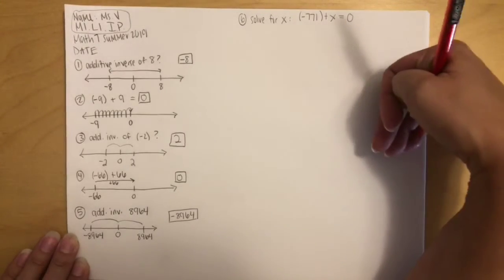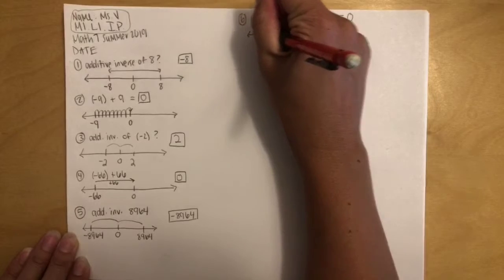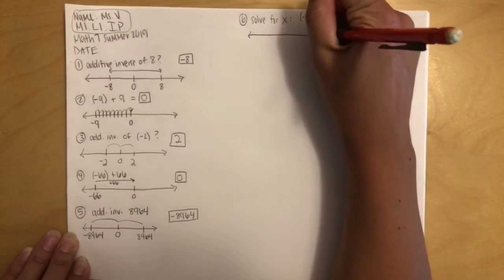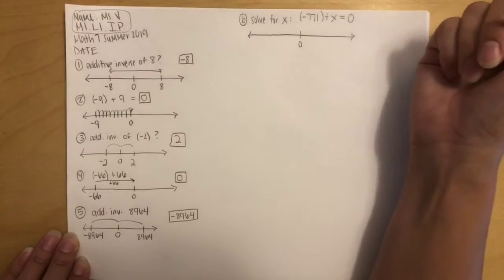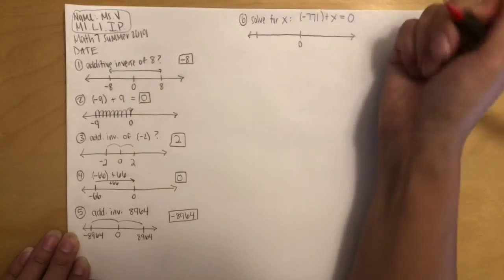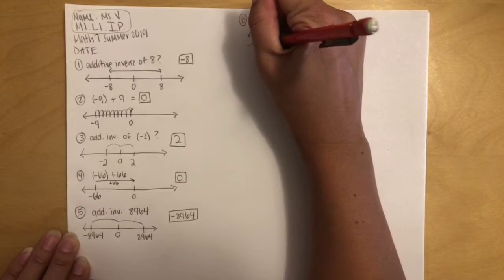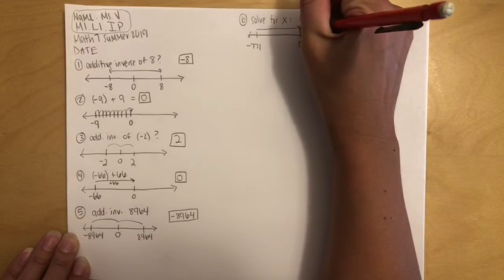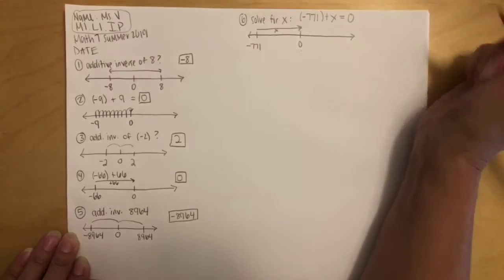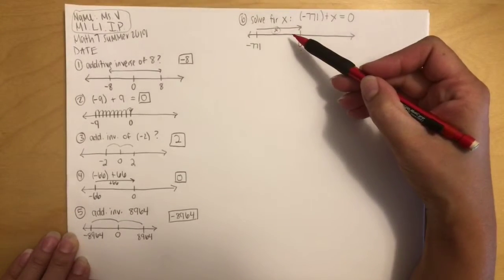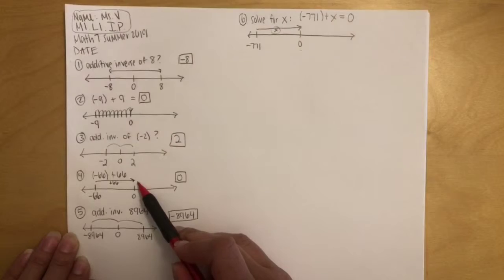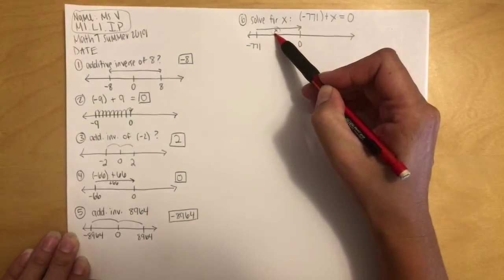This is semester 1, so we're supposed to still be using a number line to reason it out, to use our logic of what we know about numbers to say we're starting at negative 771 and we're going to add something to it to wind up at 0. So what is that something? Well, using our logic of how we solved this one, number 4, we know that it has to be a positive.